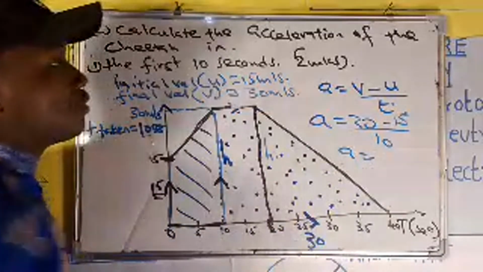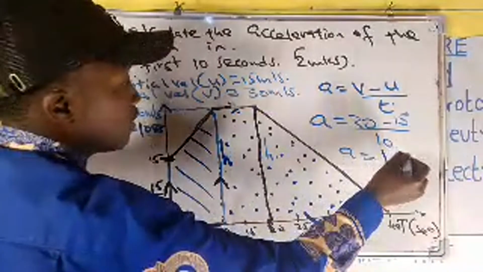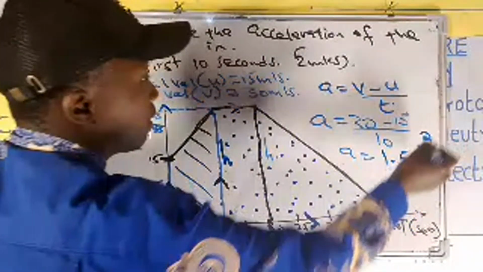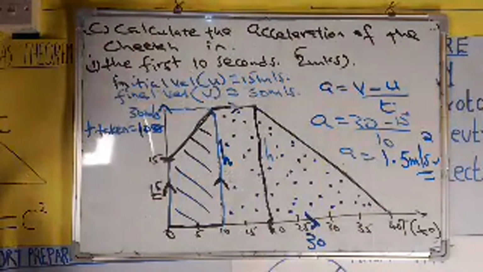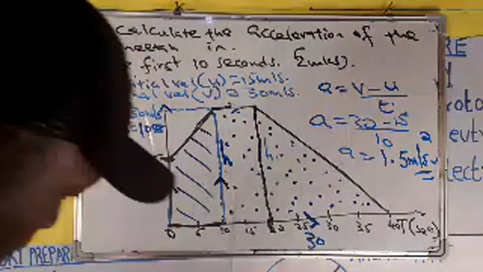So our acceleration will be 30 minus 15 is 15. 15 divided by 10 will be equivalent to 1.5 meters per second squared.